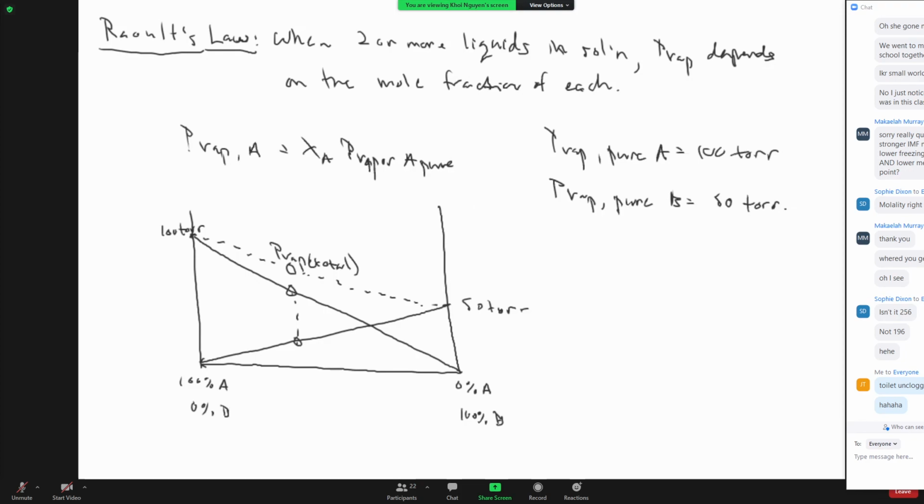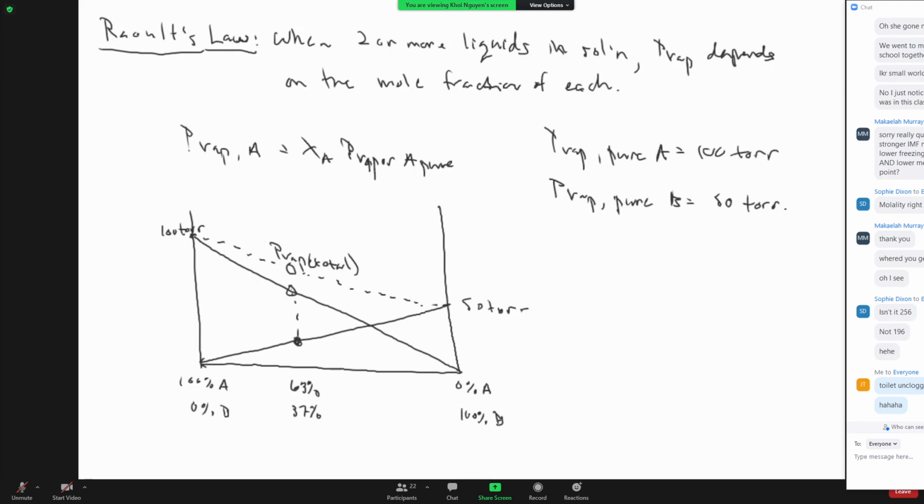Most of the time, they're just going to give you a percentage, right? So in this case, you can see that this is some percentage of A, and this is some percentage of B, right? Let's say that's 63% A, and this is 37% B. And so you can calculate the vapor pressures of each by knowing that there's a certain mole fraction of each to get that.